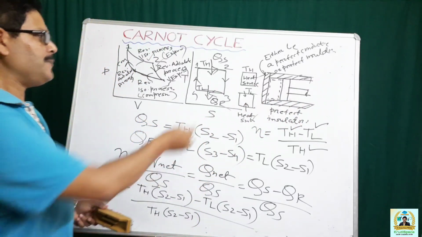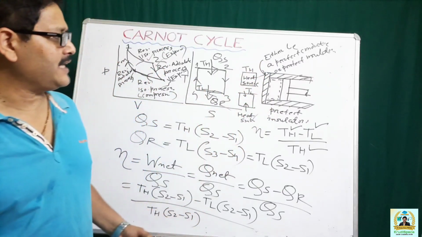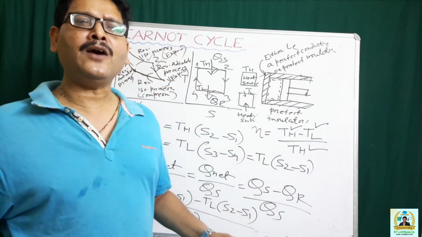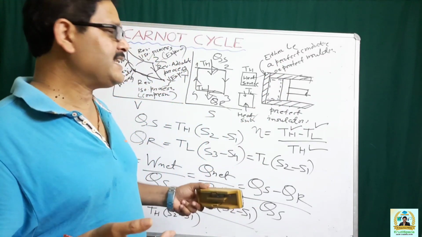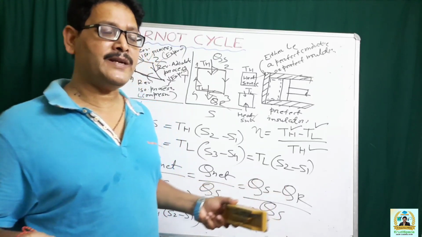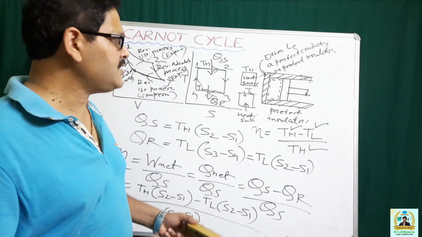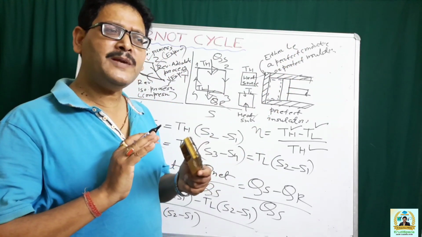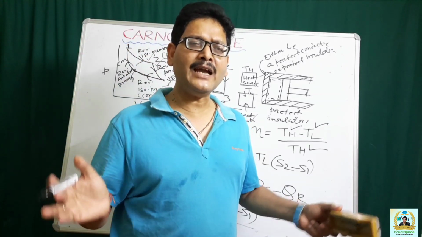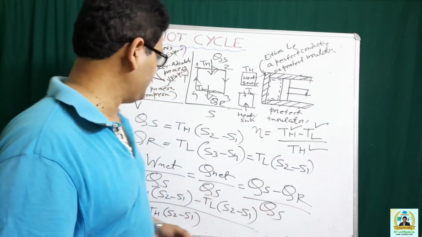And if you consider what we have considered while discussing the Carnot cycle, we have imagined that the cylinder head is made of such material that it can be made alternately a perfect conductor as well as a perfect insulator. So that is not practically feasible because there cannot be any material which can be a perfect insulator and perfect conductor alternately as per the requirement.